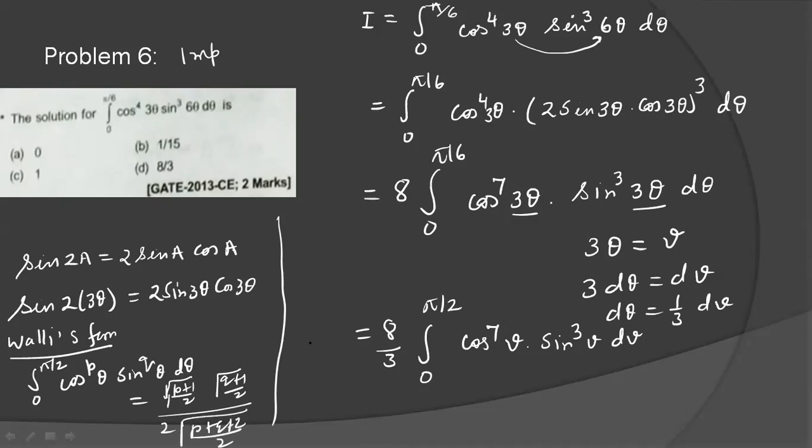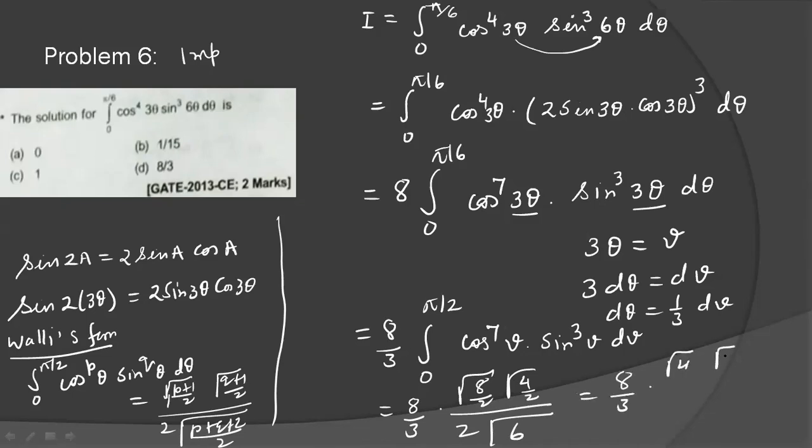If you compare here, p is 7 and q is 3. So it is gamma of (7 plus 1) by 2, means 8 by 2, gamma of (3 plus 1) by 2, means 4 by 2, over 2 gamma of (7 plus 3 plus 2) by 2, that is 10 plus 2 by 2, so 6. So it is 8 by 3 into gamma 4 gamma 2 over 2 gamma 6.